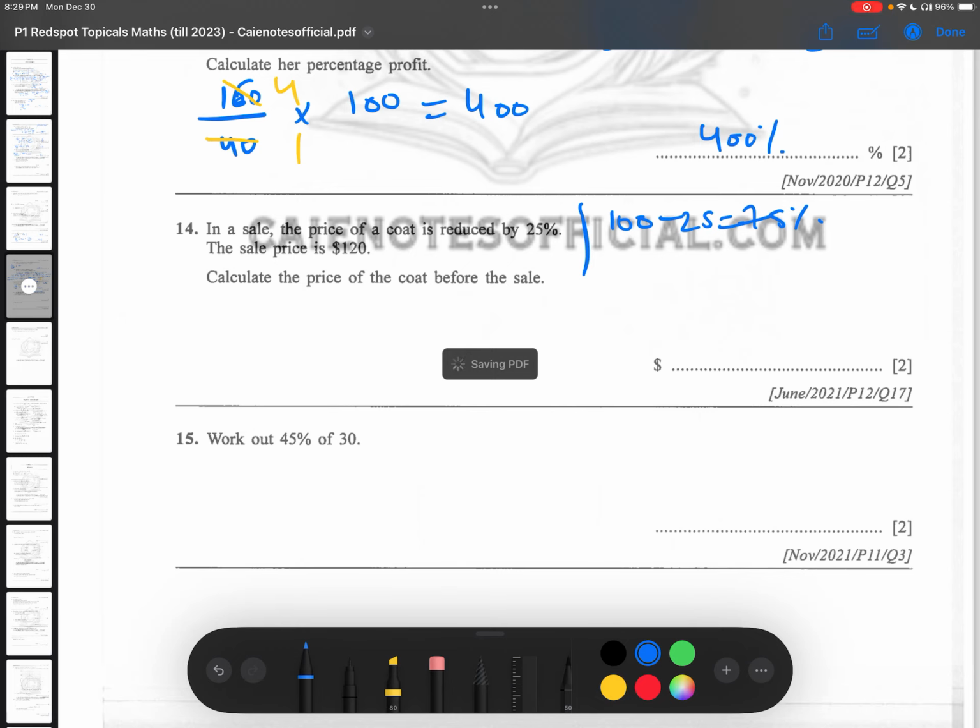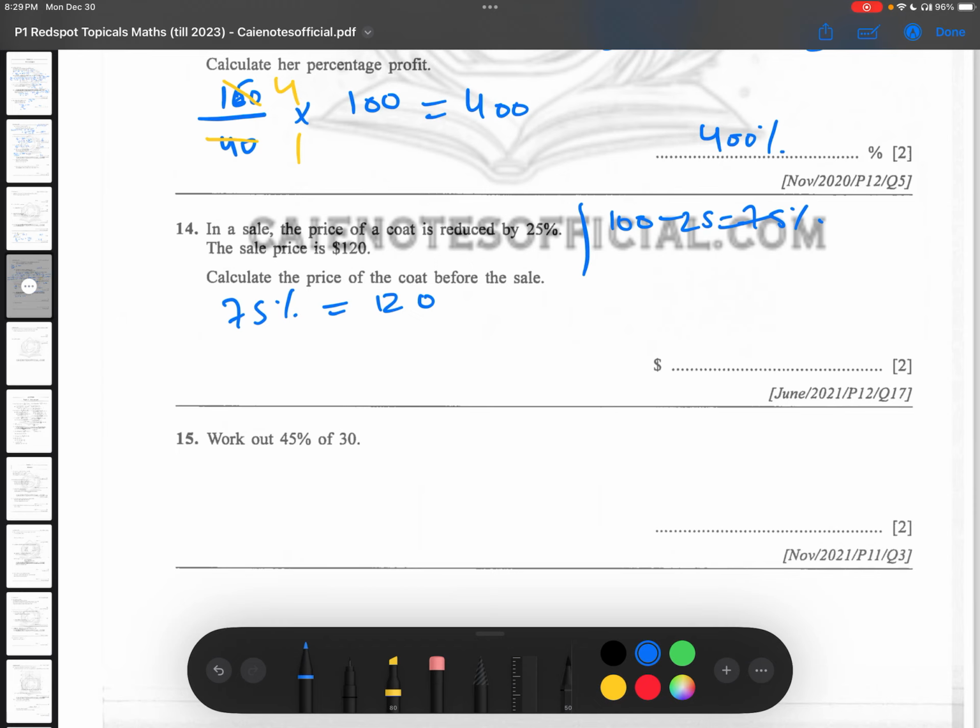It means this 120 is the 75% amount. We need to find the price of the coat before the sale. It means we need to find the original price, which will be the 100% price of the coat.